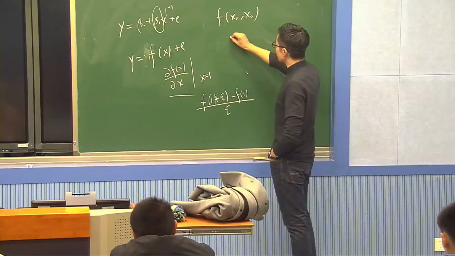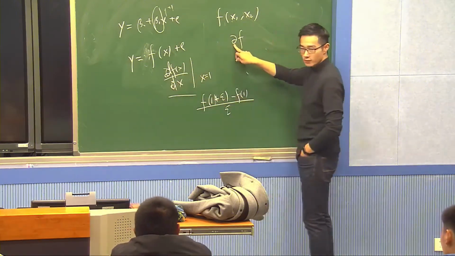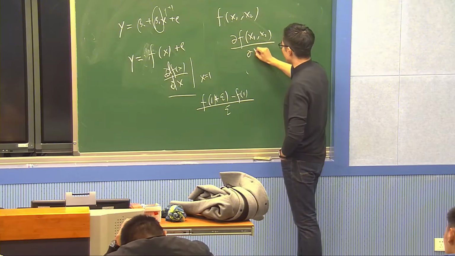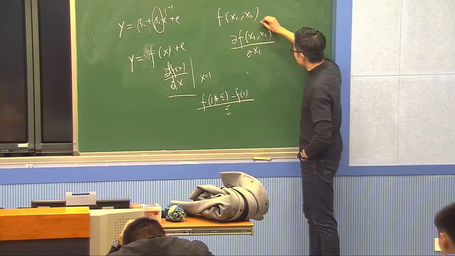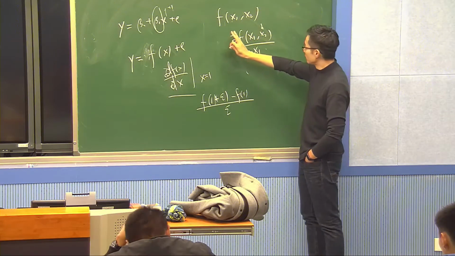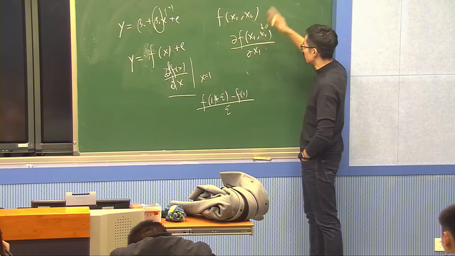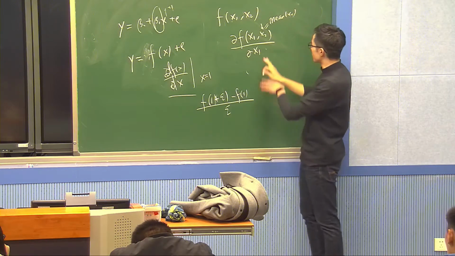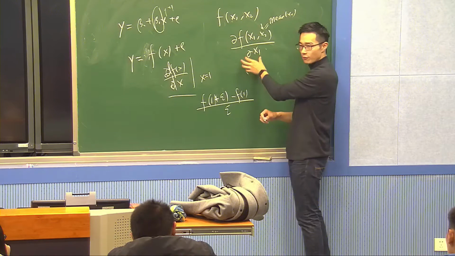Well, in that case, instead of a direct derivative, it becomes a partial derivative, f(x1, x2) with respect to x1, right? There are two ways to do it. One way is to fix x2, and only consider the derivative of this function with respect to x1. For example, we can fix x2 at its mean value, and then compute the derivative of f with respect to x1.